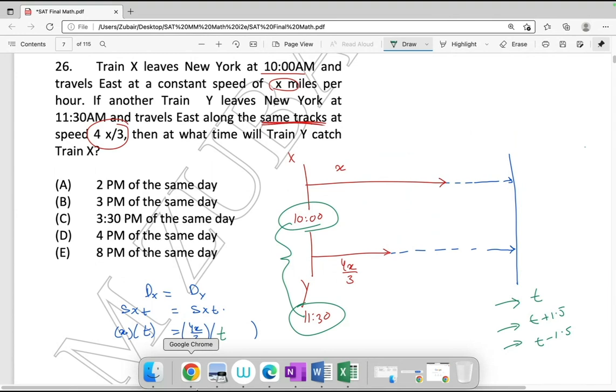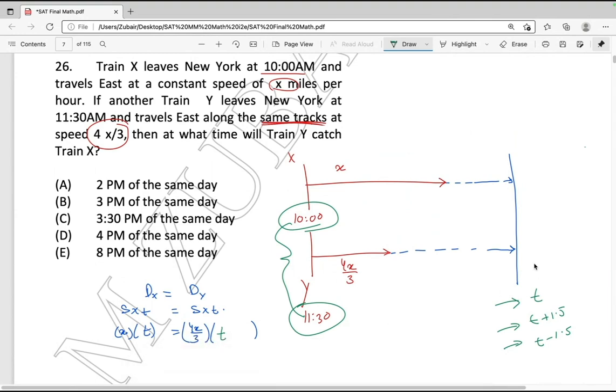Give me a second, sir. Actually, it would be minus 1.5 then, since the 1.5 are apart. Okay, if you've reconsidered, we can see it as t minus 1.5.